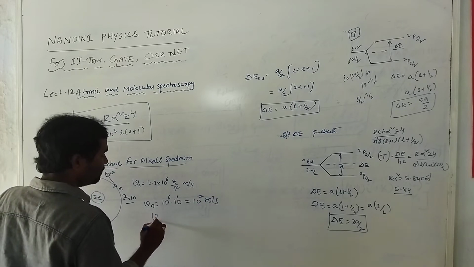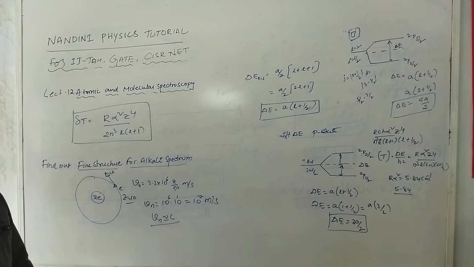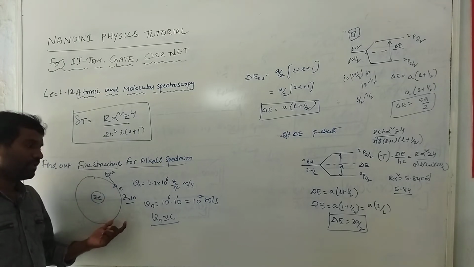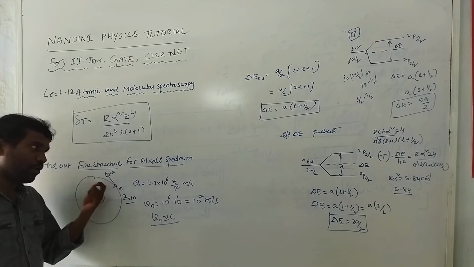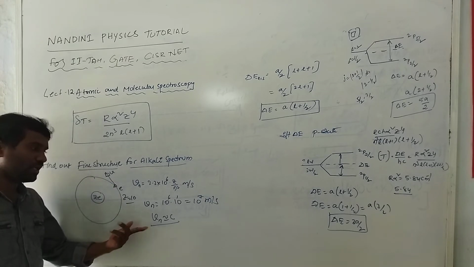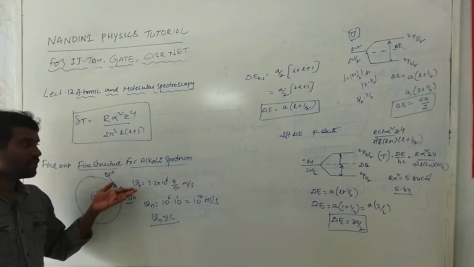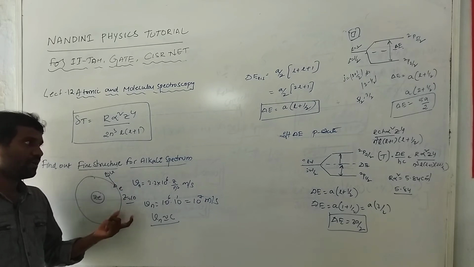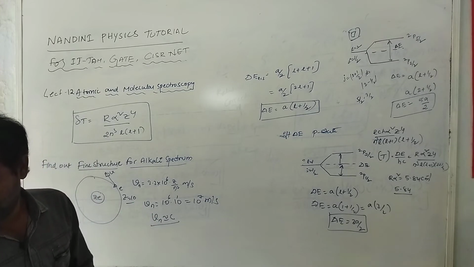Actually this velocity is approximately equal to the velocity of light. Alkali spectra are developed in the visible region, so the velocity of the electron is approximately equal to the velocity of light.